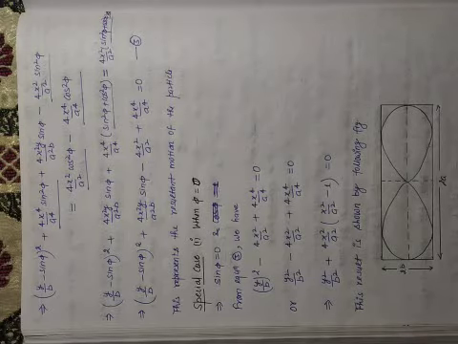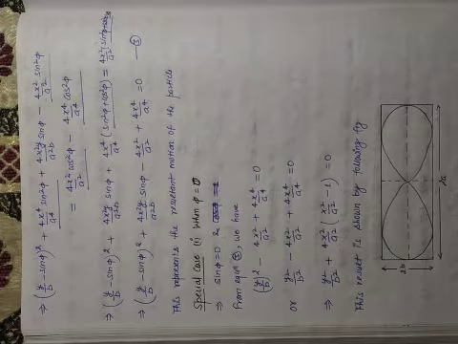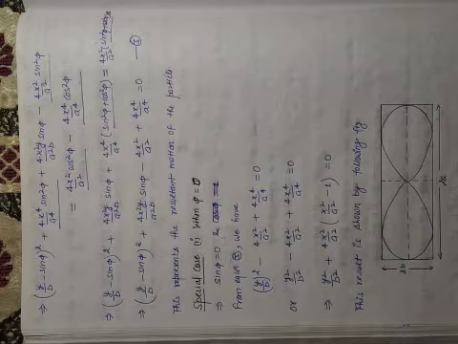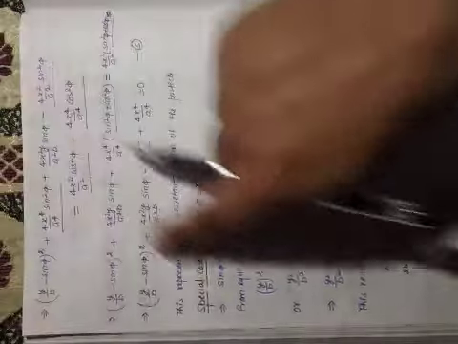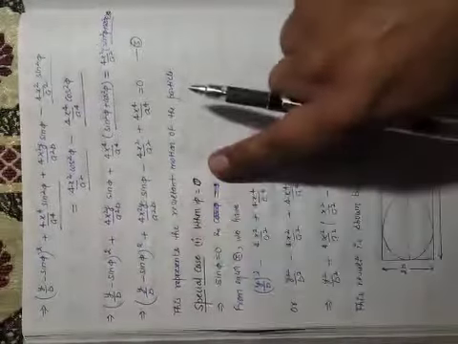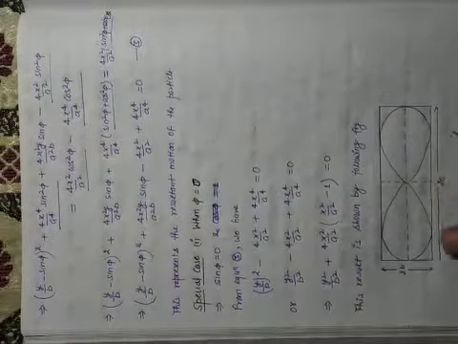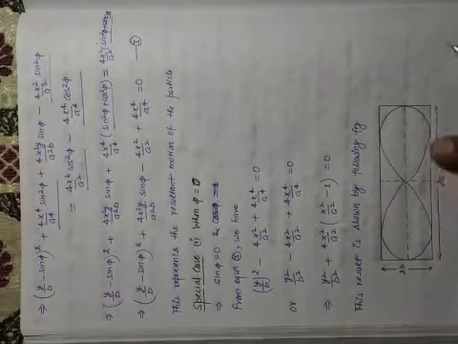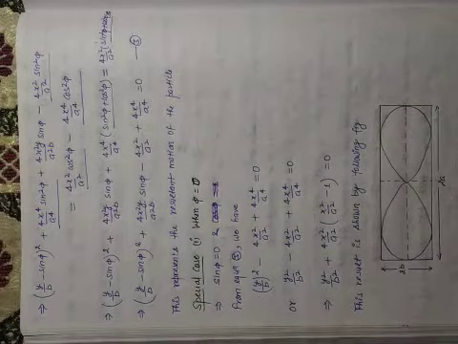Okay, so that we'll talk about when we start the graphical method of tracing the path of the particle, that is, the Lissajous figure. This is the mathematical analysis by which we can obtain these types of figures, and these types of figures are known as Lissajous figures.